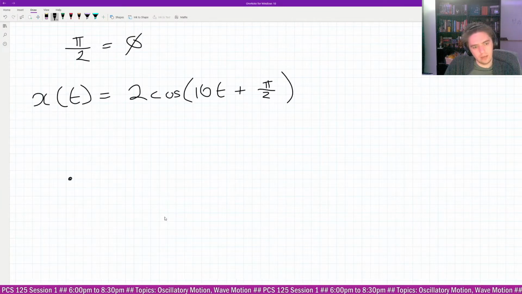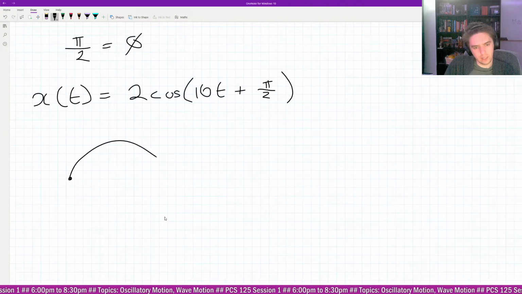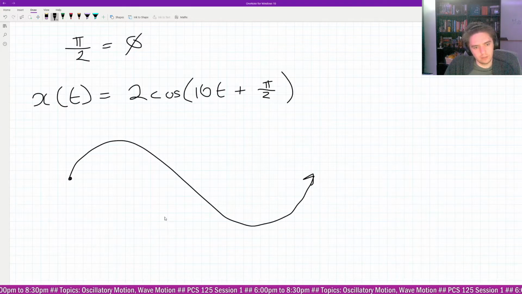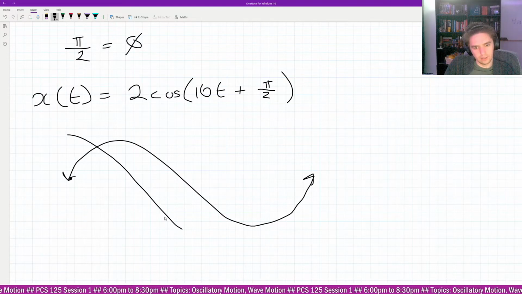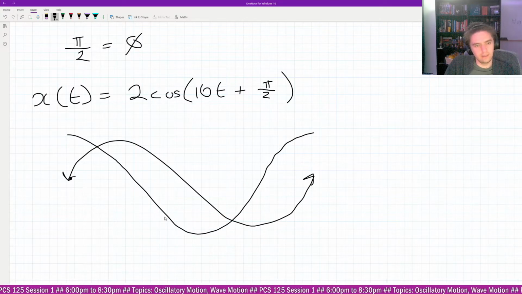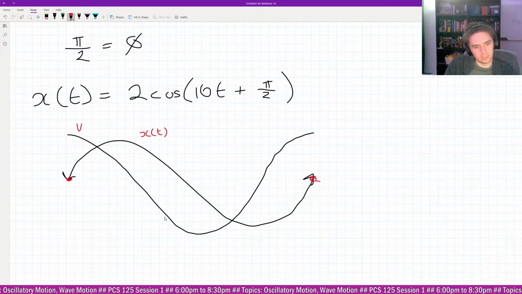So if this is our position curve, and then this is our velocity curve, because this is the derivative. So if this is our x of t, then this will be our v of t.